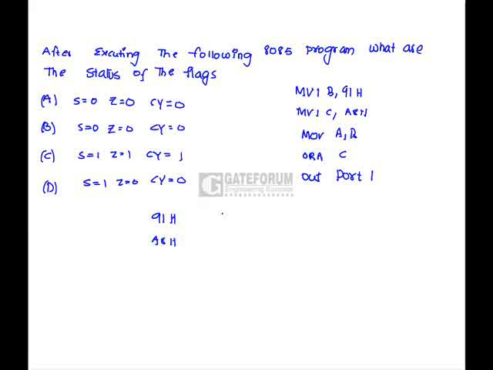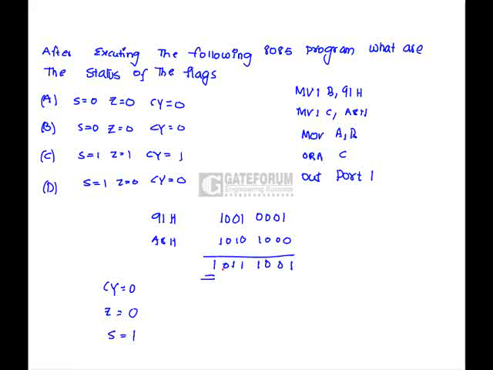So ORing of these two numbers, 10010001 and 10101000 (A8H), gives 10111001. So the carry flag is 0, zero flag is 0, and sign flag is 1, since the MSB bit is 1. So option D is correct.